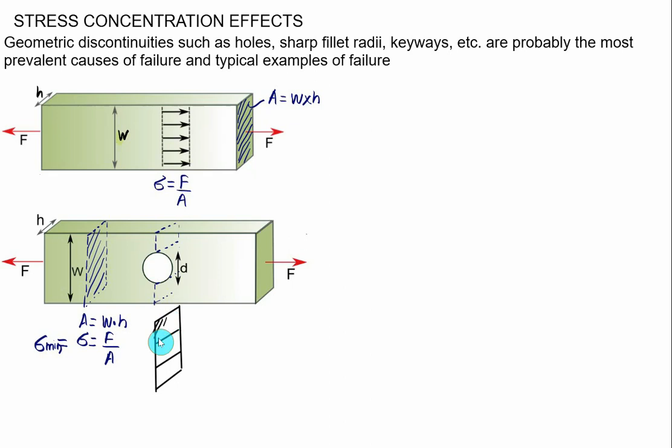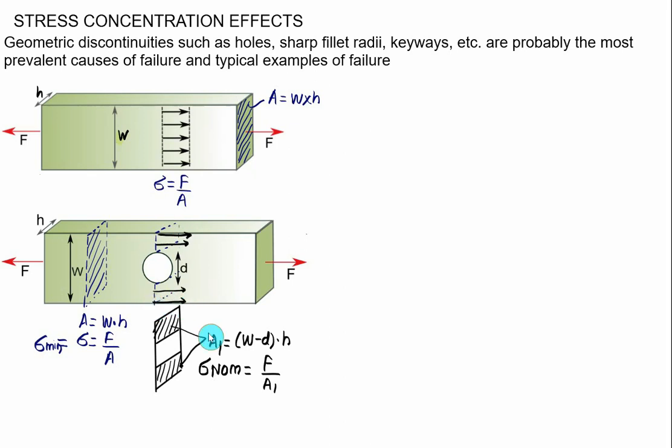At the given section, this hatched area represents the resisting area, and the total hatched area, let's call it A1, is equal to the width minus the diameter of the hole, multiplied by thickness H. Correspondingly, the stress produced at this section will be called the nominal stress. It is represented by sigma nominal and is given as force upon the area A1. I can represent this stress this way.